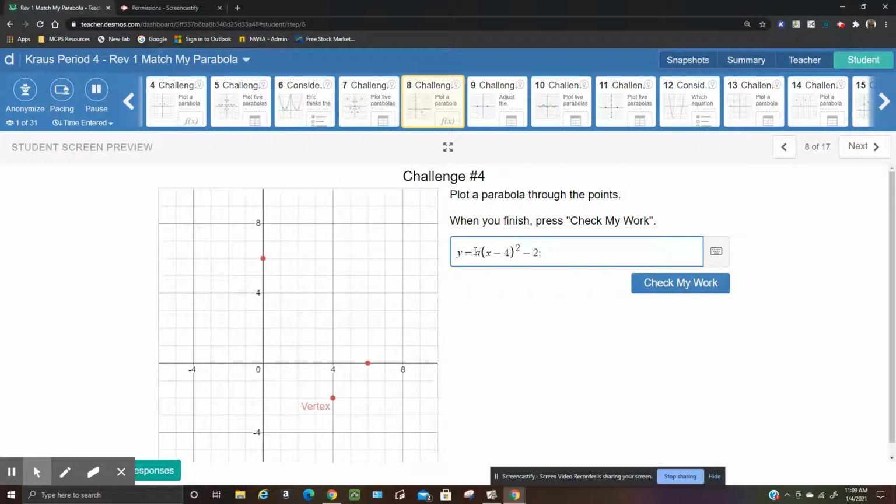So I have to determine what my A value is. I can do it intuitively. If I go over 2, 2 squared is 4, but I want to go up 2. So A would be 1/2.